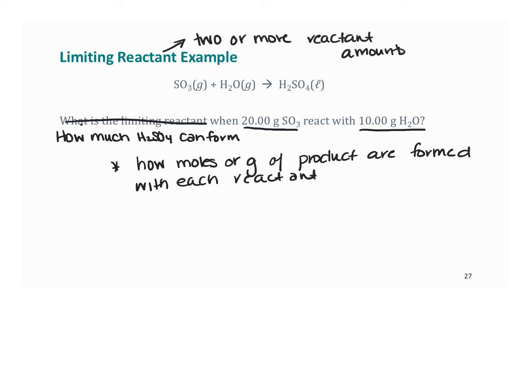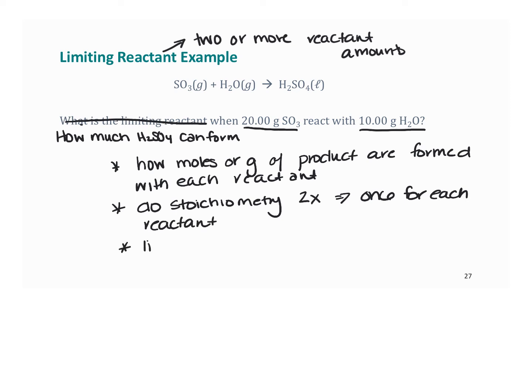Okay, so we have to do the stoichiometry calculations twice and then pick the smaller amount. So you're going to do stoichiometry 2 times, once for each reactant.